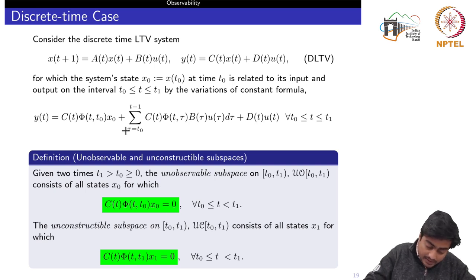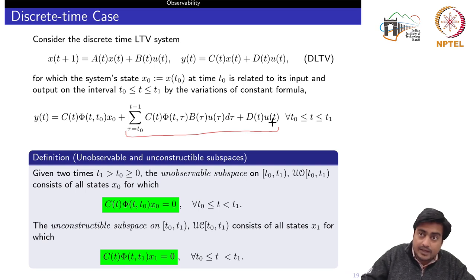Because I can take this entire part onto the left hand side and denote it as y tilde. So I would have y tilde equal to C phi x0, and all those x0 for which C phi x0 becomes equal to 0 would comprise the unobservable subspace.